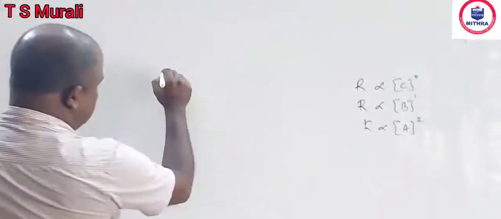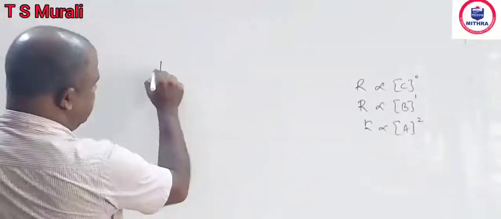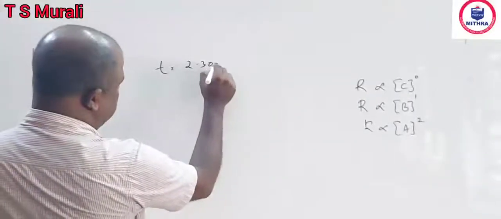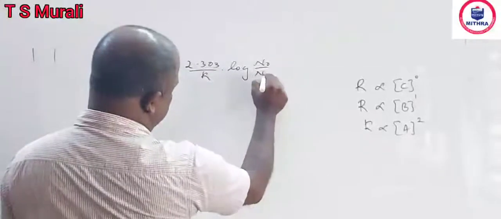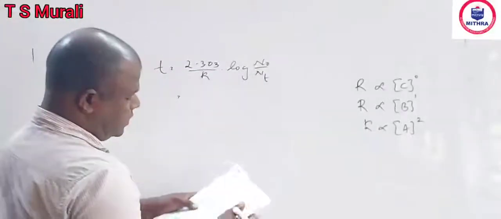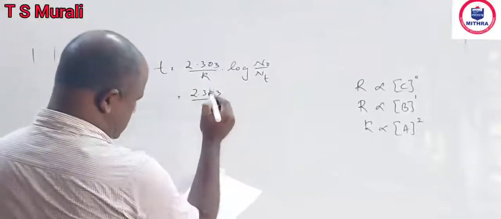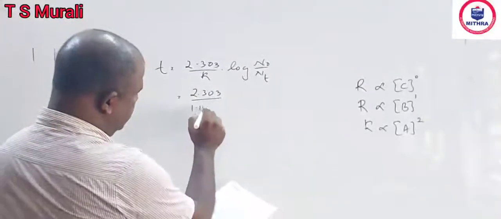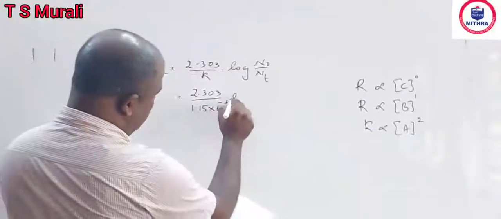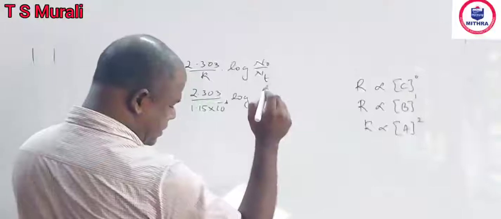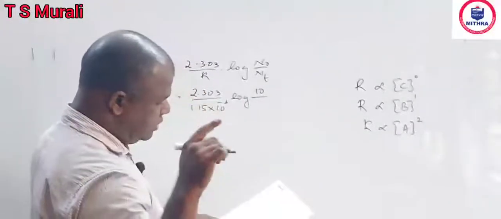I am writing K is equal to 2.303 by T log N0 by Nt, then T is equal to 2.303 by K into log of initial concentration by concentration after a time T. So, 2.303 divided by the value of K, 1.15 into 10 raised to minus 3, into log of initial concentration 10 gram divided by 6 gram, since it gets reduced to 6 gram.